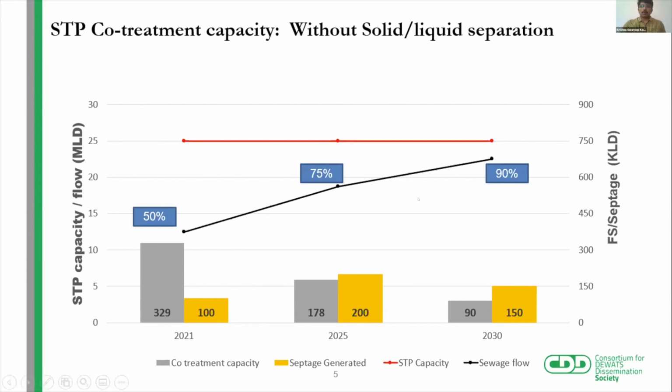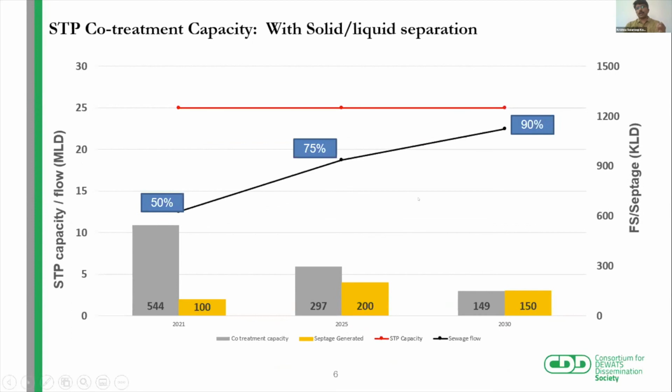Now let's look at what the same graph looks like with solid liquid separation added to the STP. So we see that at 50% utilization, 544 KLD is possible to be co-treated, while our requirement is 100 KLD. As we go to 75% utilization, we see that 297 KLD, almost 300 KLD, is possible to be co-treated. And even at 90%, we are almost able to co-treat 150 KLD.